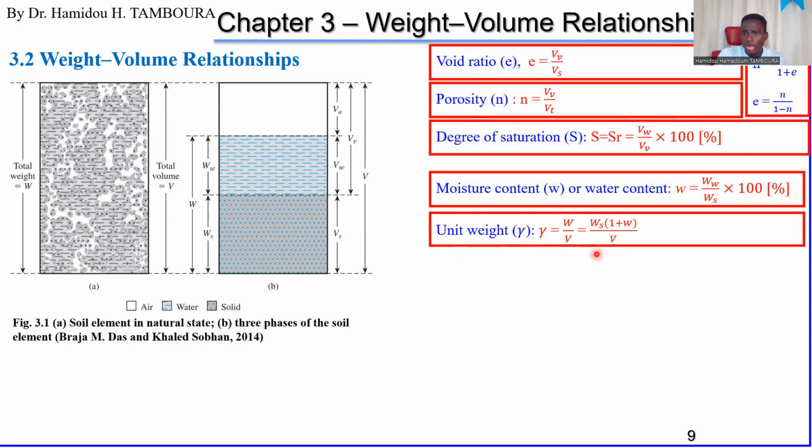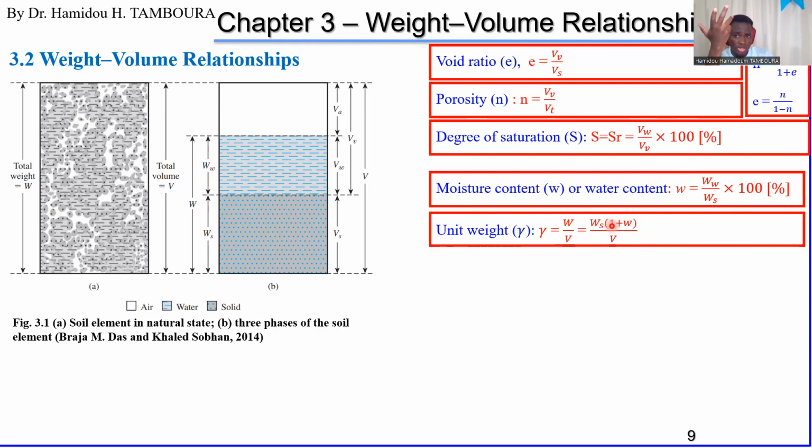Sometimes you can estimate this by using this formula, because the total weight is weight of water plus weight of the solid. So if you want, you can estimate this by using only weight of solid.